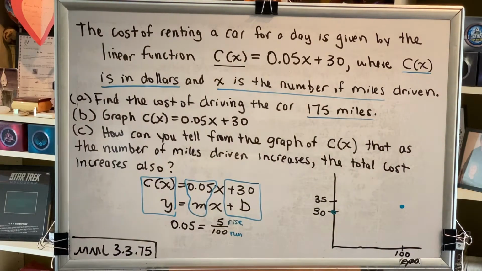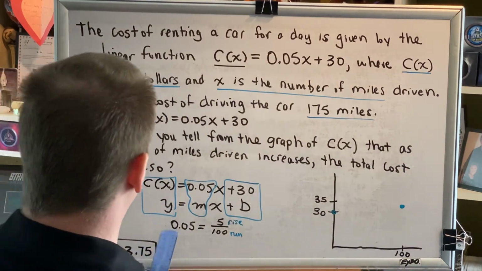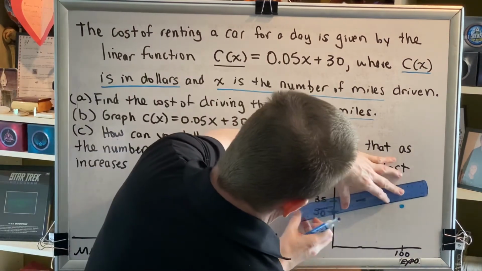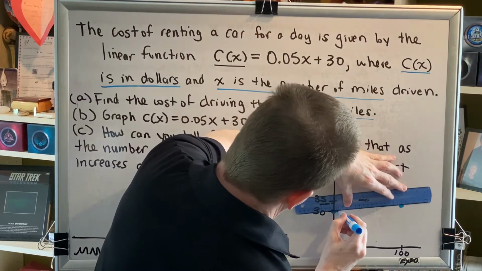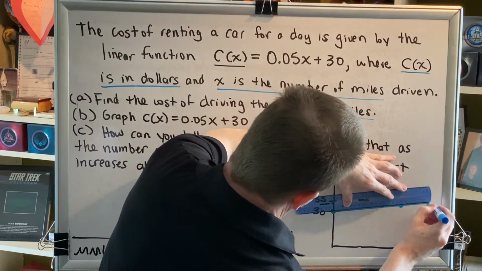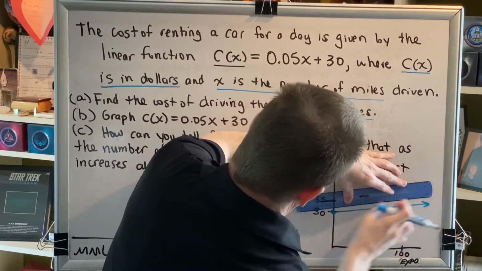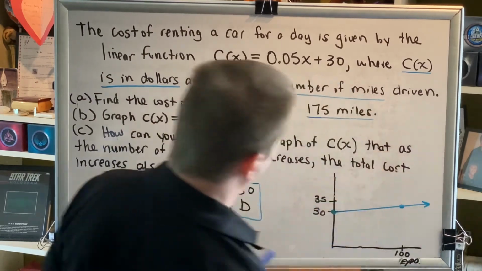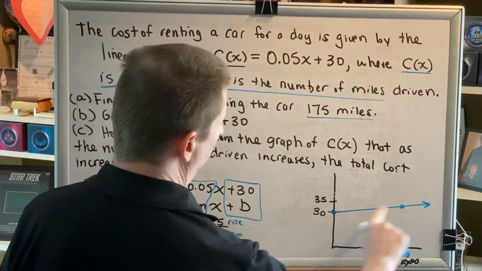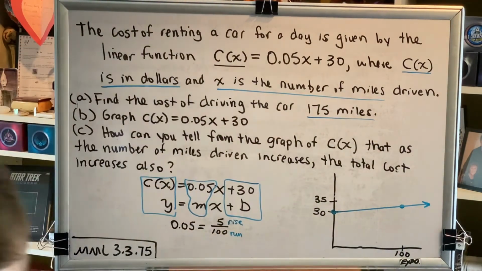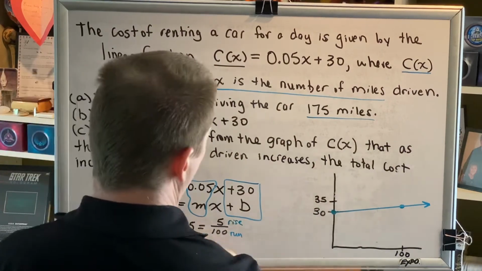And if I draw a straight line through those 2 points, this will be the graph of the function c of x. Now technically, even though I said line, this is actually a ray. It starts at this point and then goes forever away. It does not go in this direction.